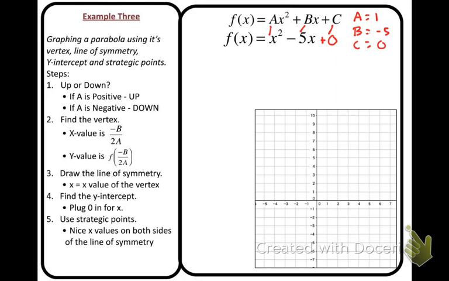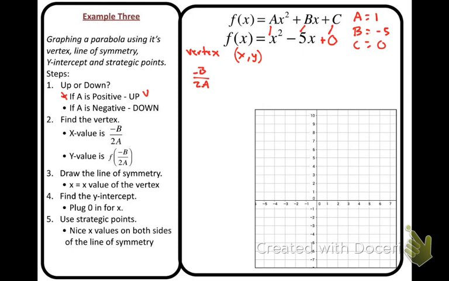So now we do our 5-step process. Step 1, does it open up or down? So we got to look at a. a is positive, so it opens upward, so we know we're going to have a U shape. Step 2, find the vertex. And again, the vertex is an xy coordinate. And to find the x value of the vertex, we have to use -b divided by 2a.